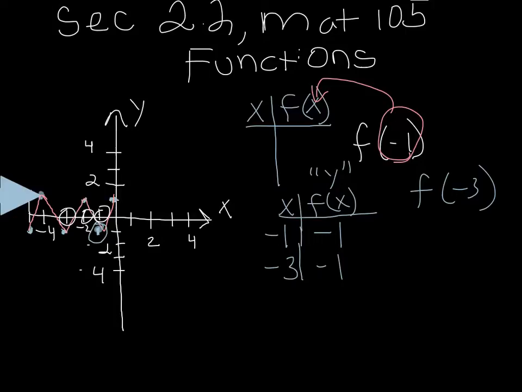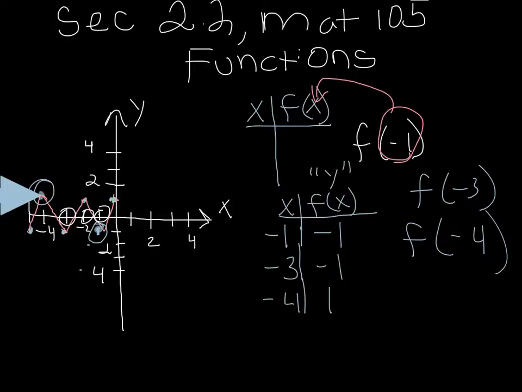And then what about f of -4? Now I have an input value when x is -4. You just keep moving over, and now we can see that our y value is up here, giving us a y value of 1.